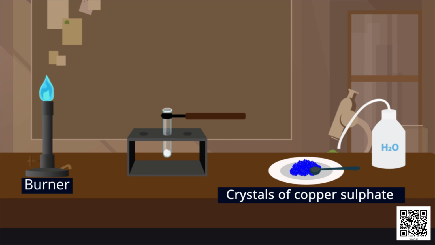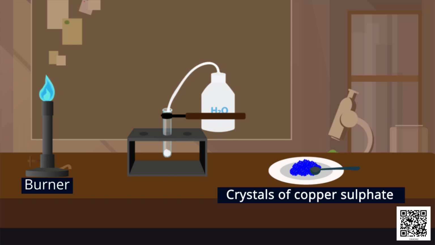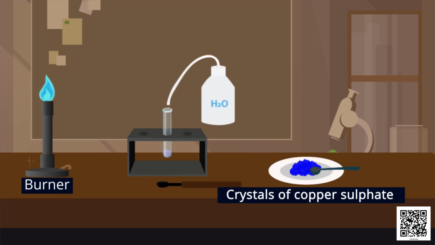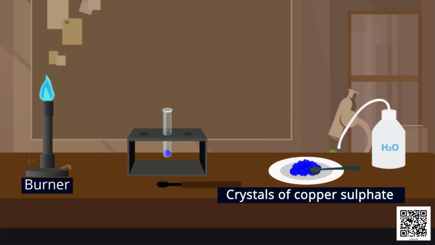Now, add 2 to 3 drops of water on the sample of copper sulfate obtained after heating. You observe once again very amazing results. That is, copper sulfate restores its blue color.